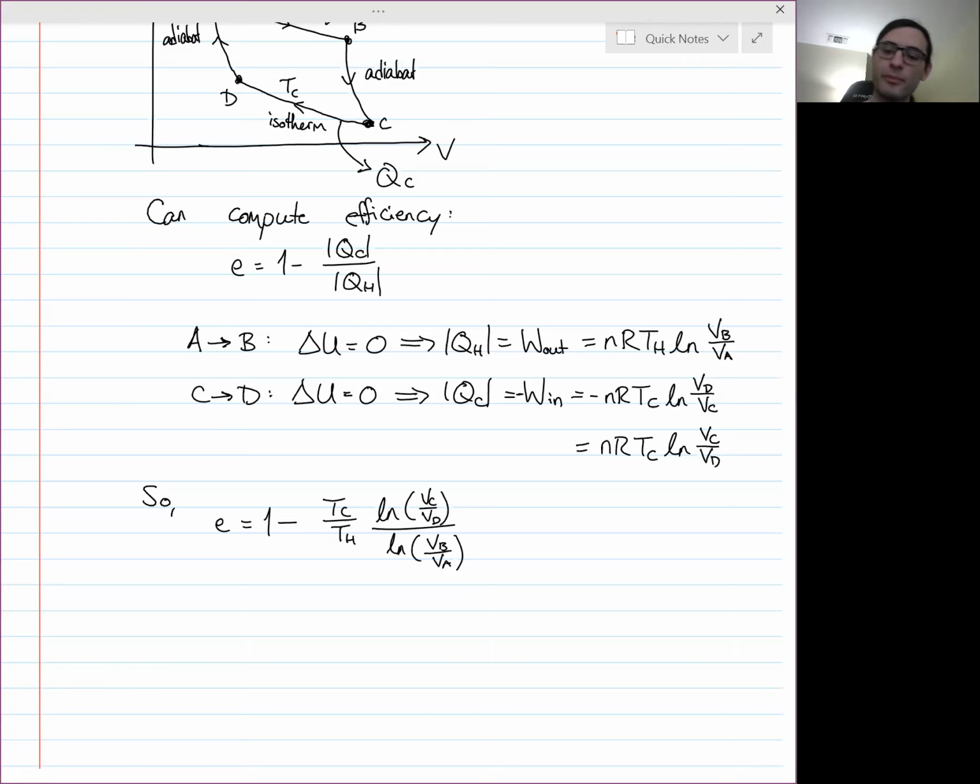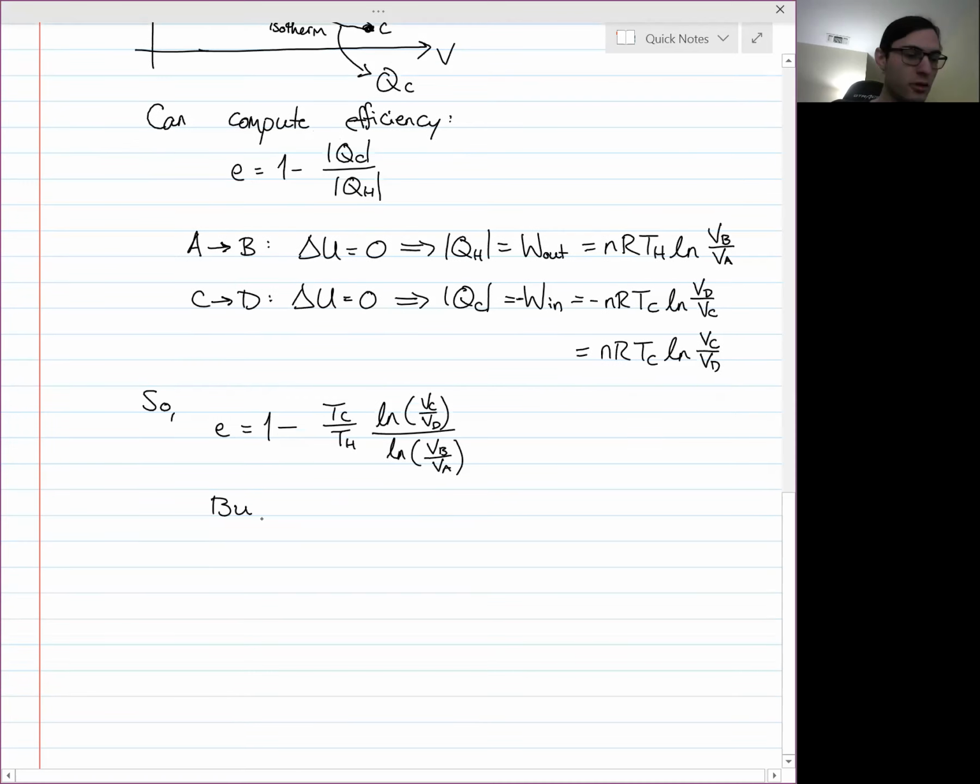However, BC and DA, because that's the order of the process, are adiabats. What does that mean? It means that T times V to the gamma minus 1 is a constant. Remember this relationship?